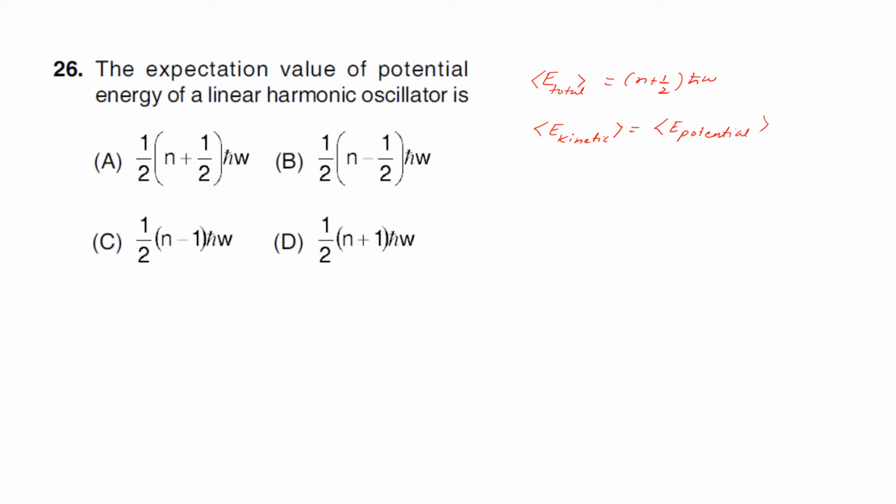Therefore, here we can write this as half of the expectation value of total energy, that is half of (n plus half) h cross omega. Therefore option A is correct.